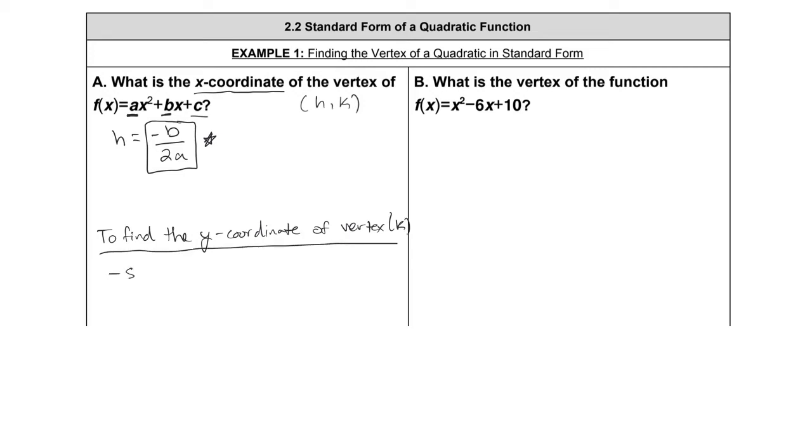You're going to substitute in h. So whatever you find for h, you can always find your x coordinate. You're going to take that h, the x coordinate you found, and substitute h for x in the function.